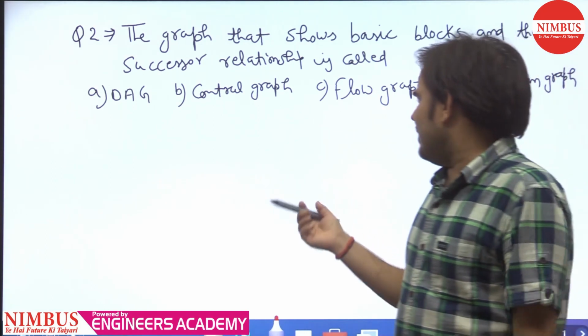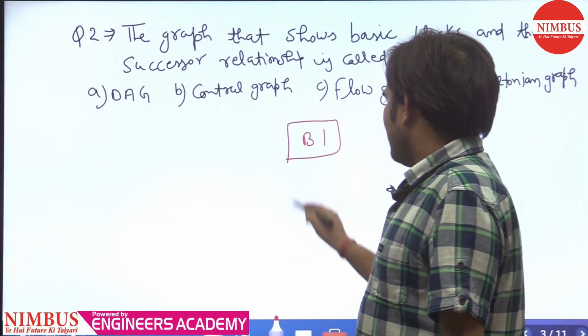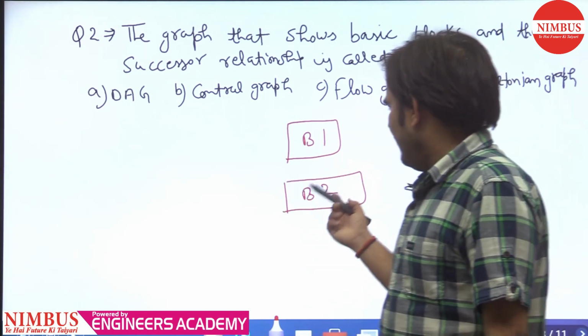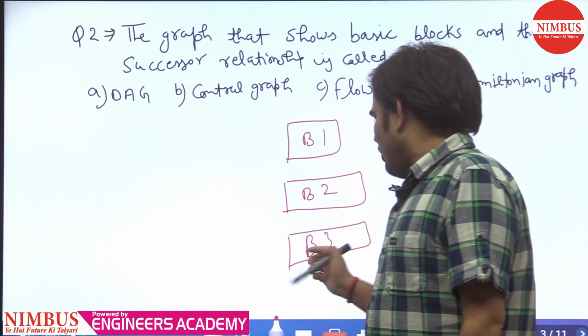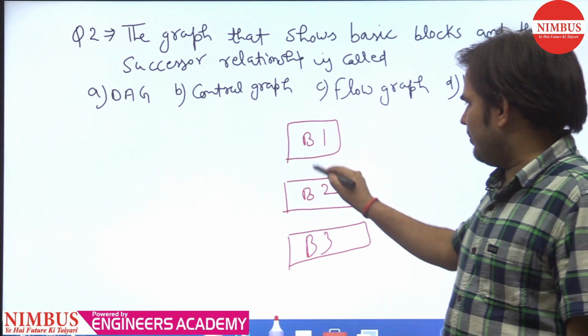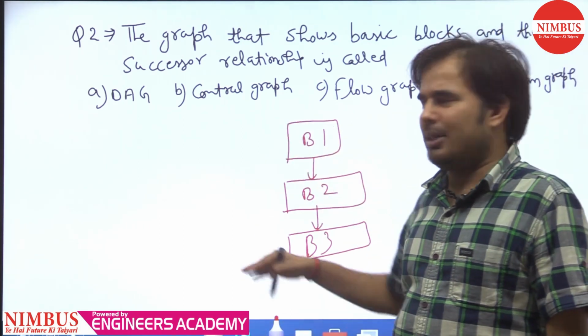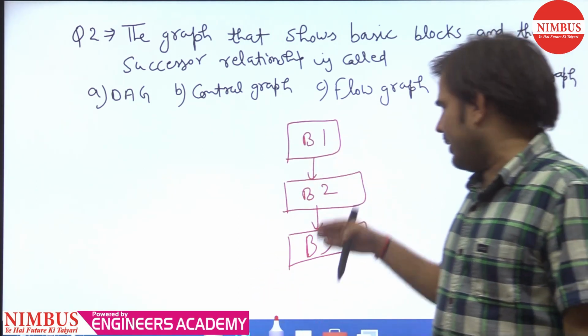Okay, so like this, suppose we have the basic blocks, this is suppose B1, this is suppose B2, and this is suppose B3. They are connected with each other because a basic block is a consecutive sequence of statements, so they will be connected one after another.